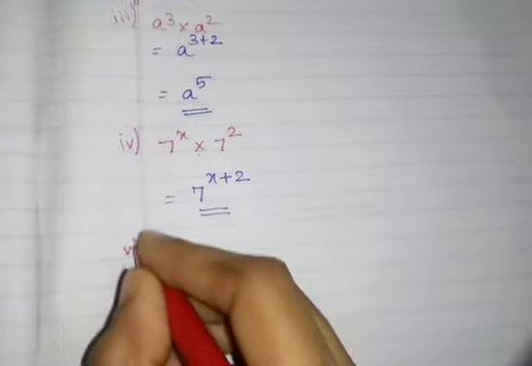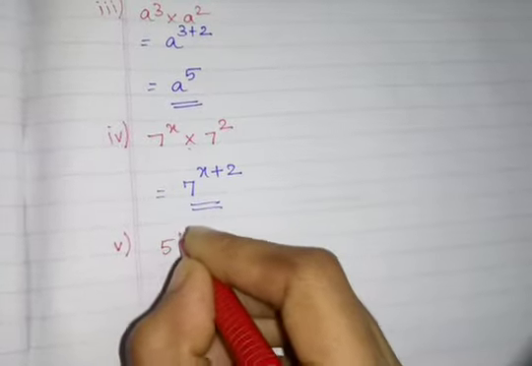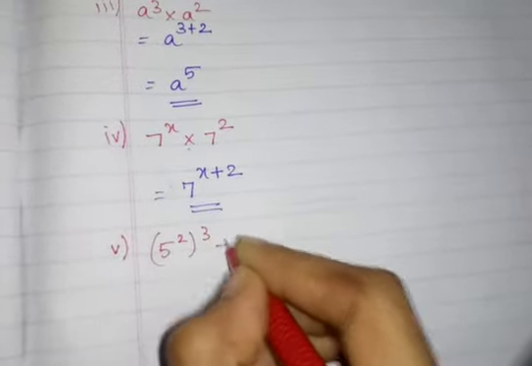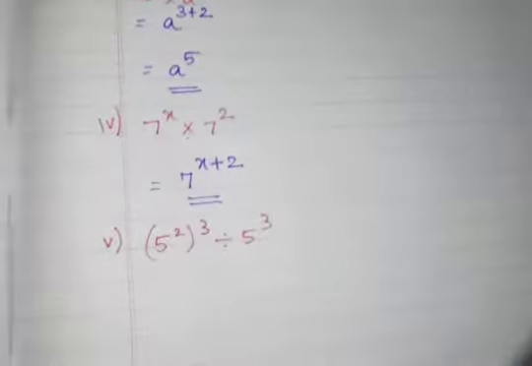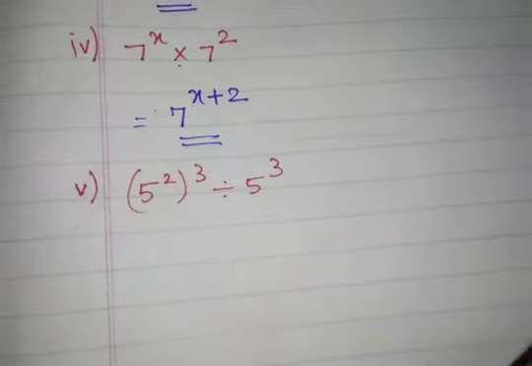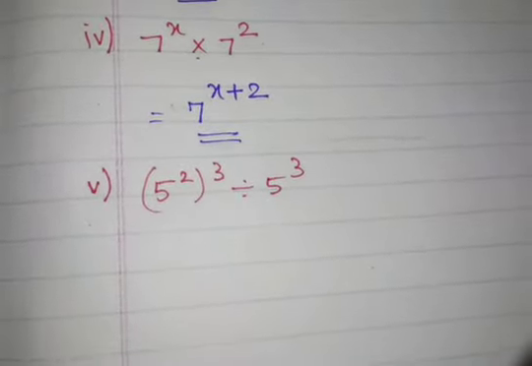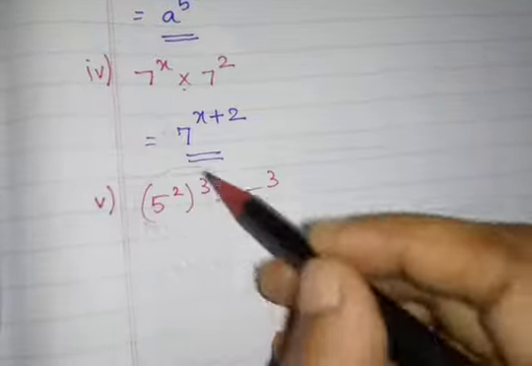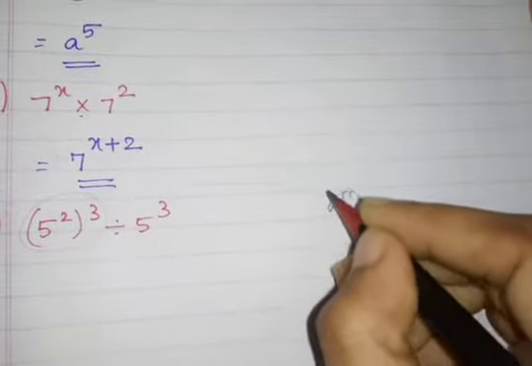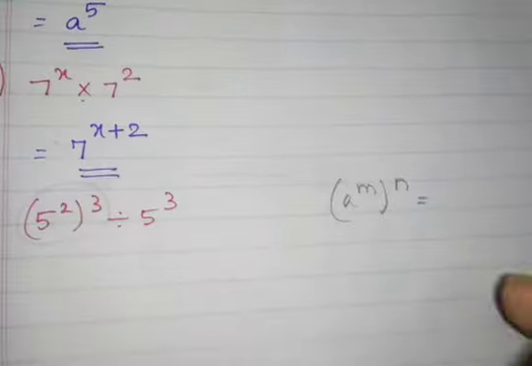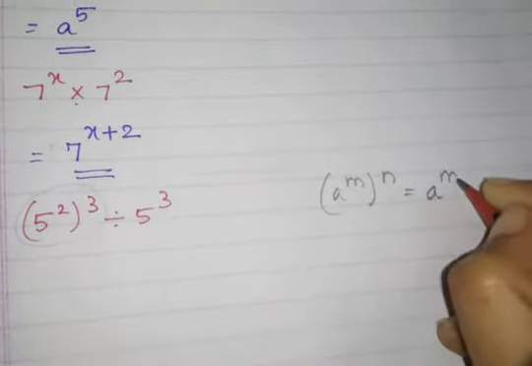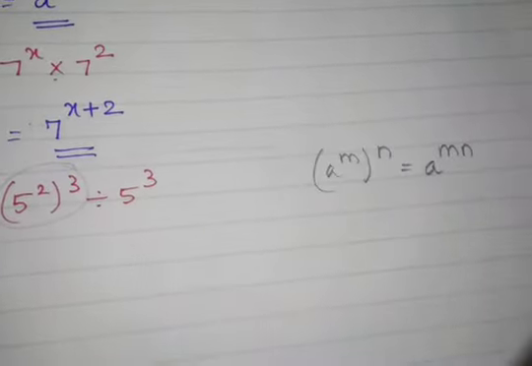Next, fifth problem. 5 square the whole cube divided by 5 cube. Yes, this looks like a power m the whole power n. So what is the answer? a power m into n. Correct?